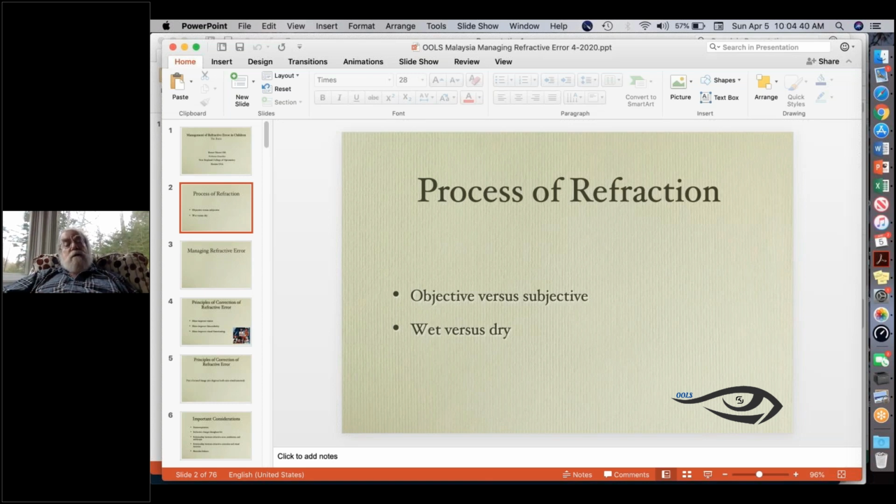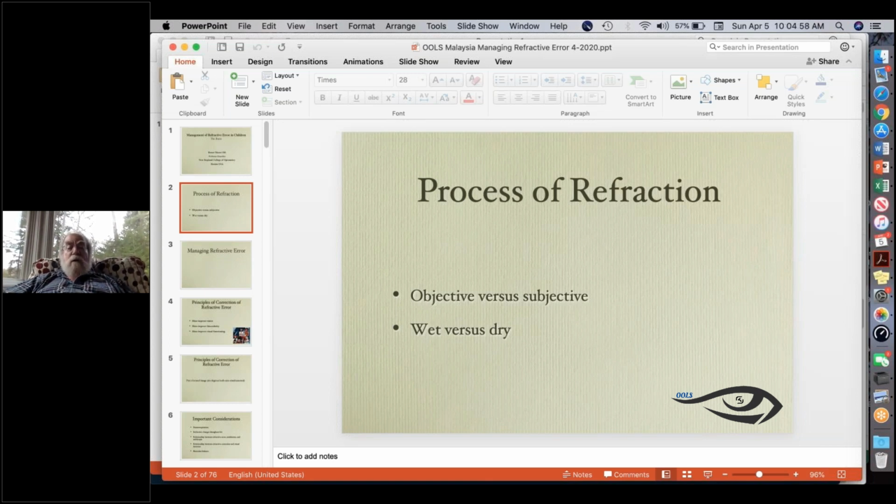This first slide just mentions the process of refraction. I'm not going to go into great detail, but I do want to mention a couple of things that I think are important in comparison to the more general process of refraction with adults and young adults and elderly people.